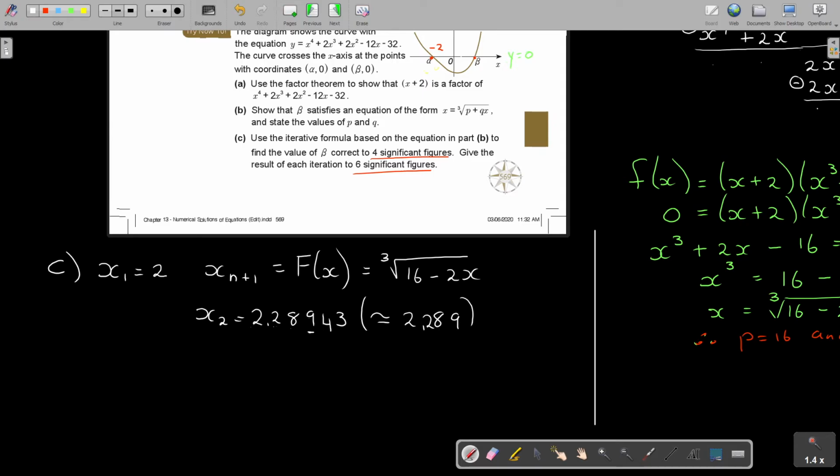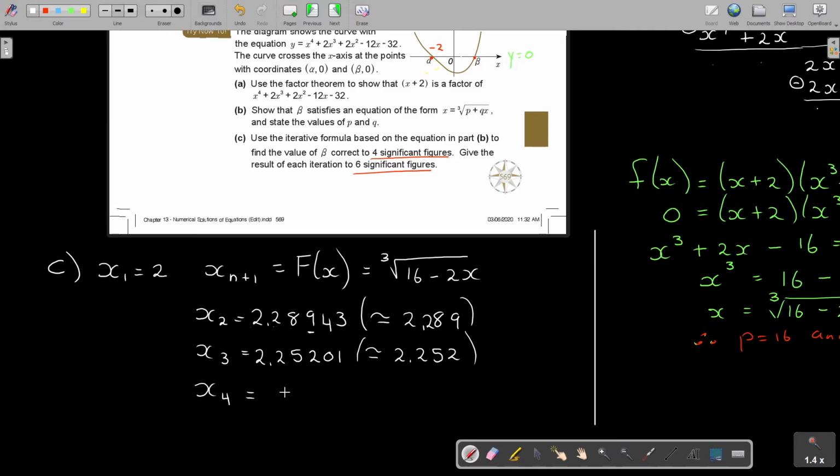And then I go for x3, and that's 2.25201. And if I approximate it, it's 2.252.